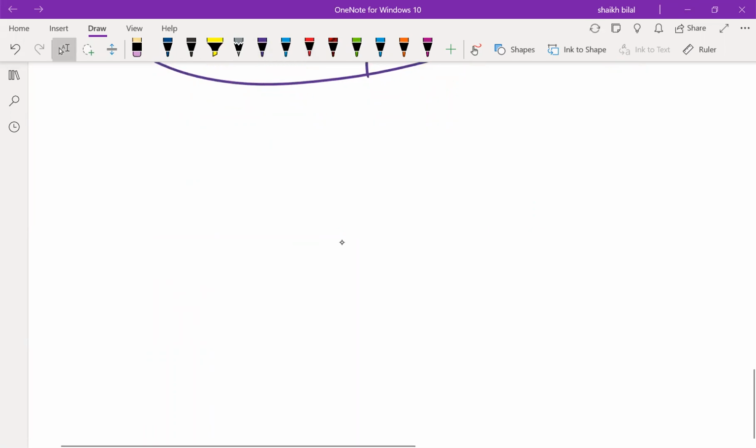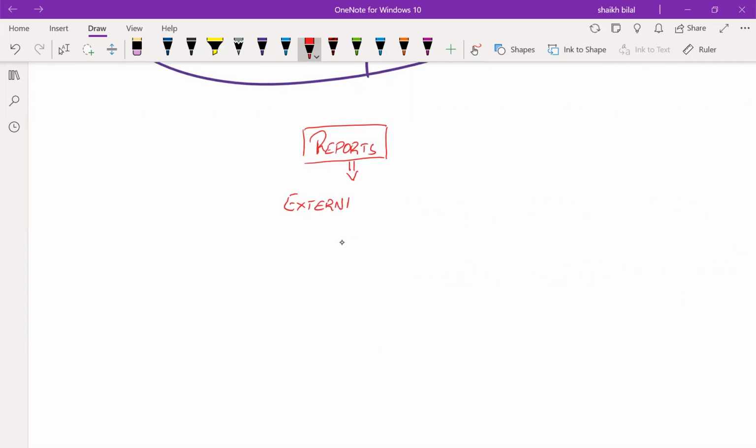Basically, in each and every environment, if I talk about the reports to the external environment, or the external stakeholders, the reports that are generally made available to the external stakeholders include two different types of report.